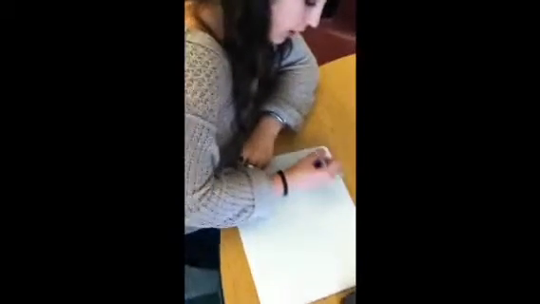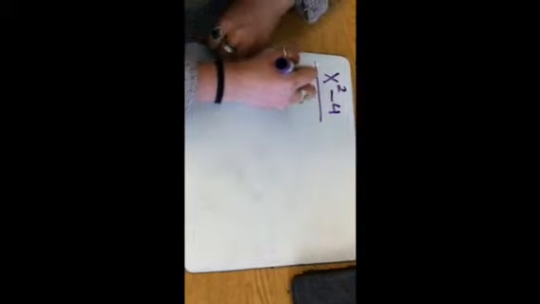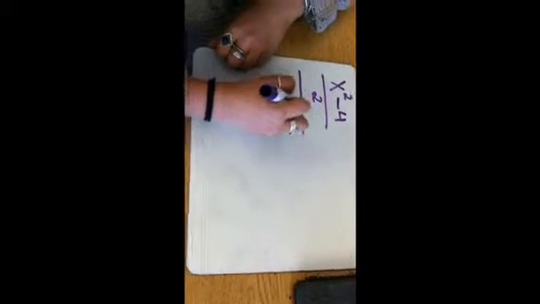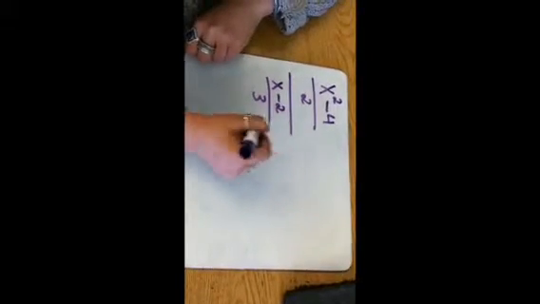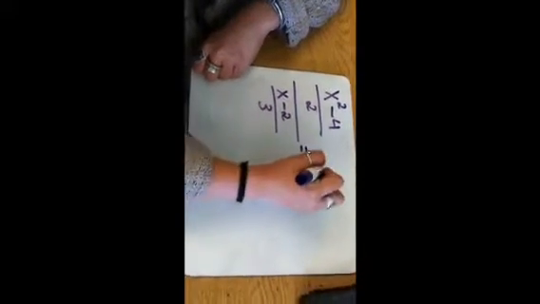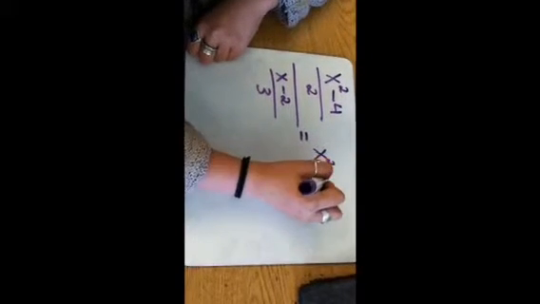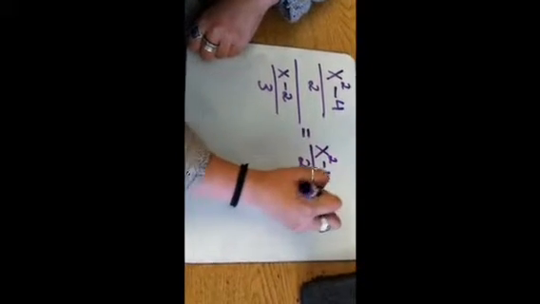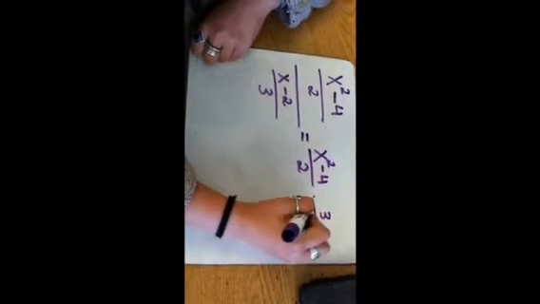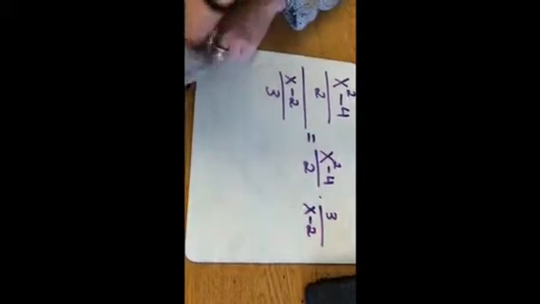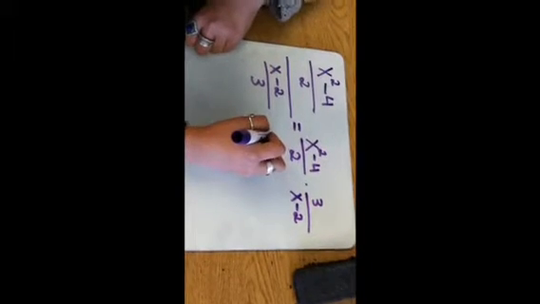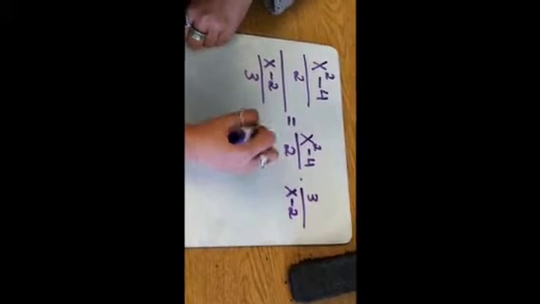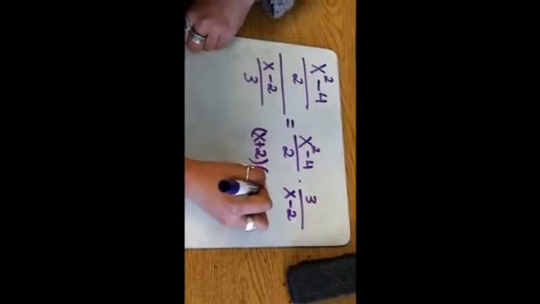Now we are going to be solving a complex fraction involving factoring. So we have x squared minus 4 over 2, over x minus 2 over 3. Now, flipping the denominator, we end up with x squared minus 4 over 2 multiplied by 3 over x minus 2. Now, x squared minus 4 can be factored into x plus 2 multiplied by x minus 2.